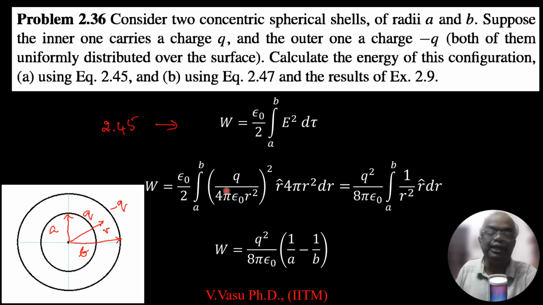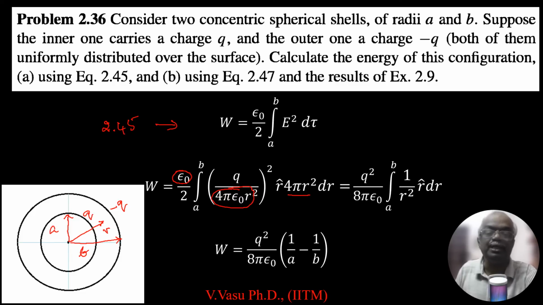So I am taking E squared, that is, Q divided by 4 pi epsilon naught r squared, whole squared, and d tau is 4 pi r squared dr. Here you can see you have 4 pi r squared, and also you have epsilon naught. So this 4 pi epsilon naught r squared will cancel once, and this square will become 4 pi epsilon naught r squared only.